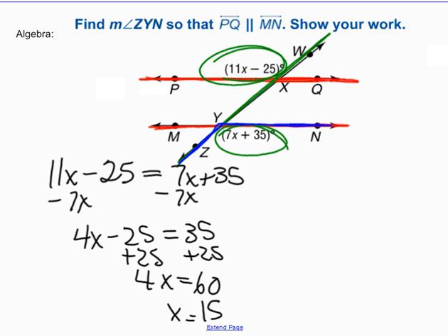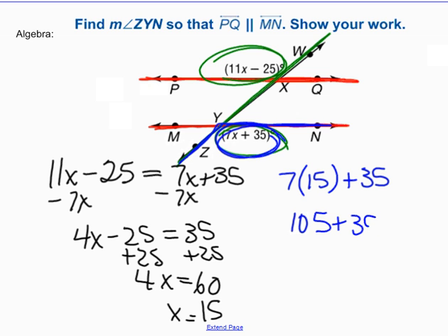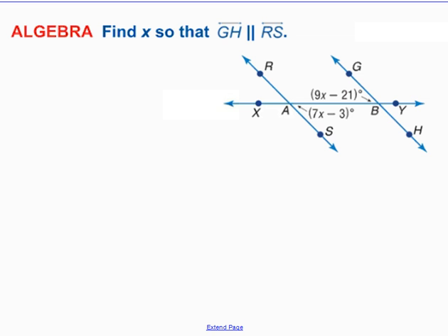So we're going to plug in the value of x into this expression: 7 times the value of x, which is 15, plus 35. 7 times 15 is 105, plus 35. We get 140. That's the measure of angle ZYN.